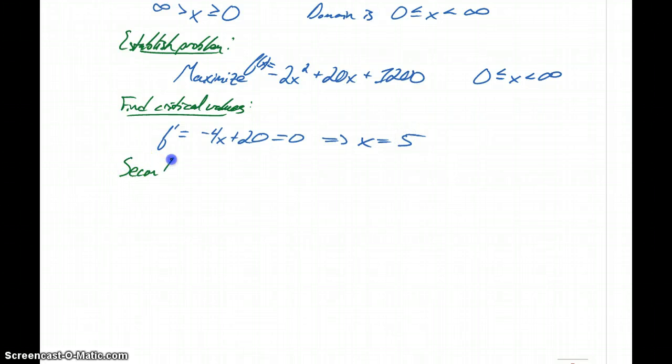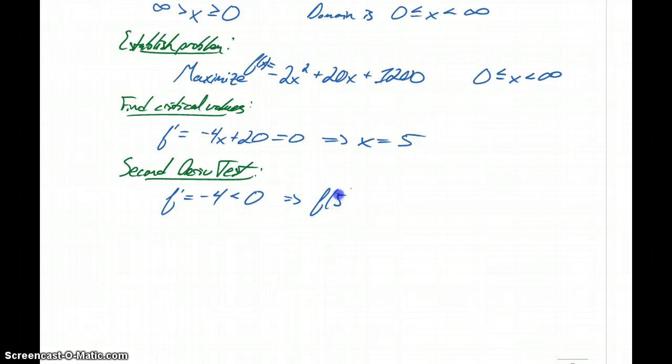And then again, we'll apply the second derivative test, where our second derivative is negative 4, which is less than 0 for any value of x, which implies that f of 5 is an absolute maximum.